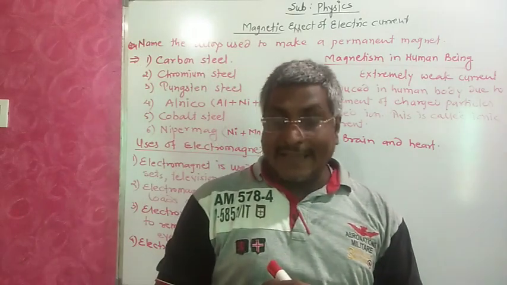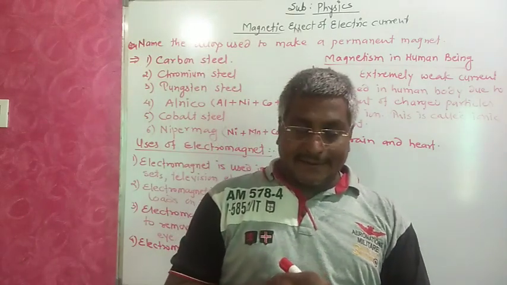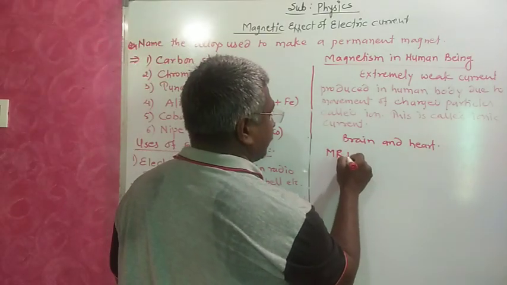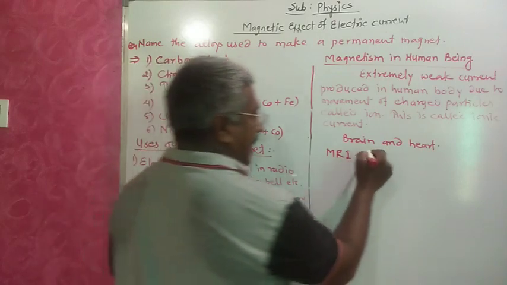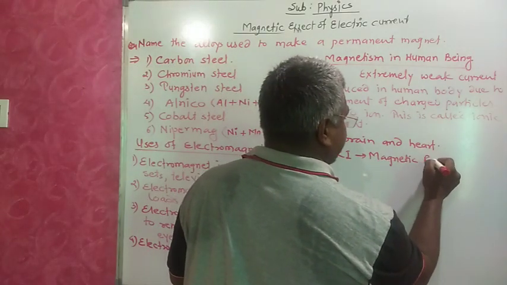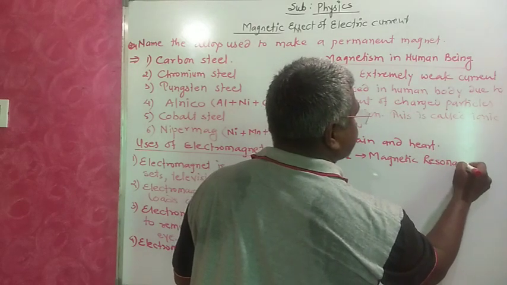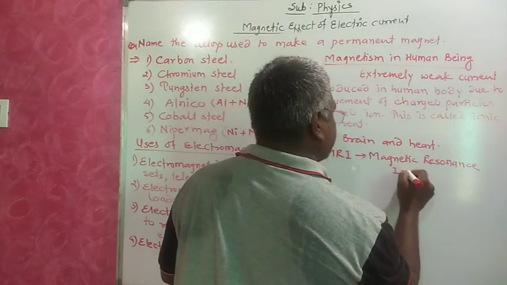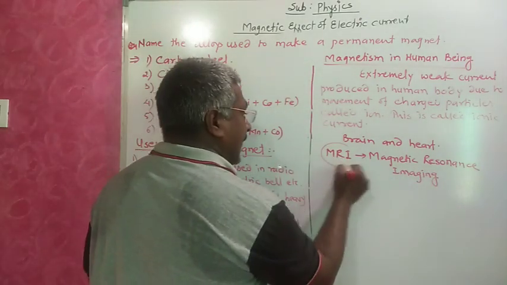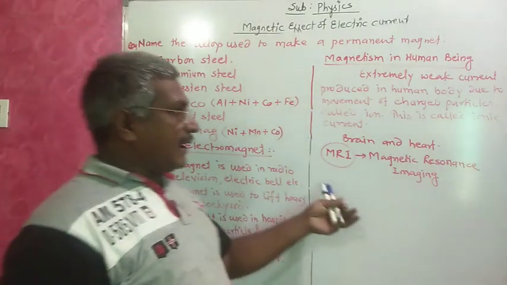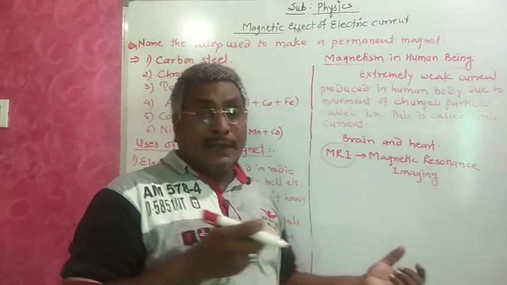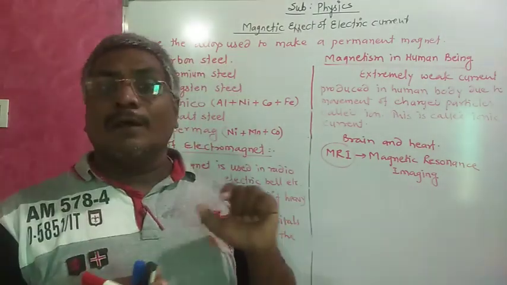This magnetism or ionic current is used to check the internal organs of our body through scanning, and that technique is called MRI, magnetic resonance imaging. You heard this word, MRI. Through MRI our body can be scanned and they will check the internal parts of our body.